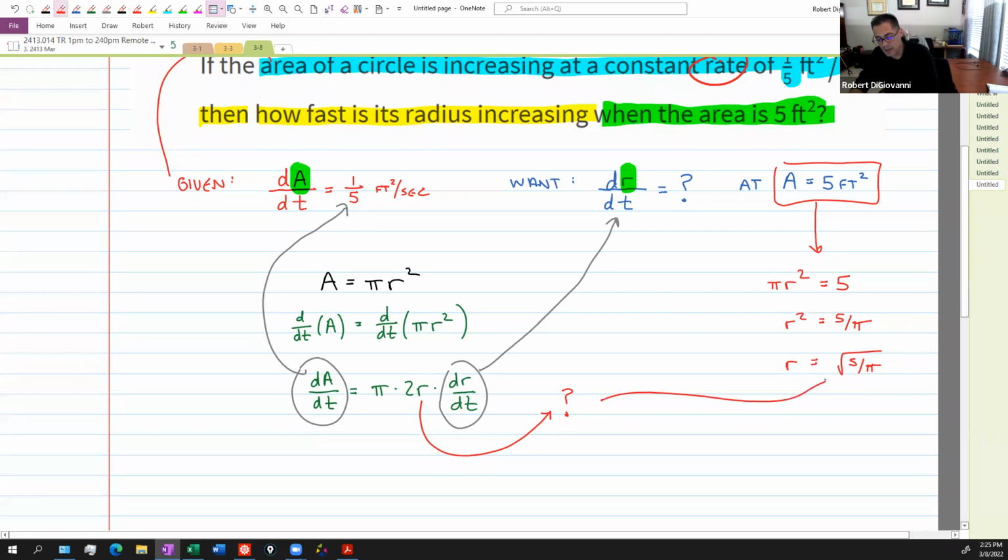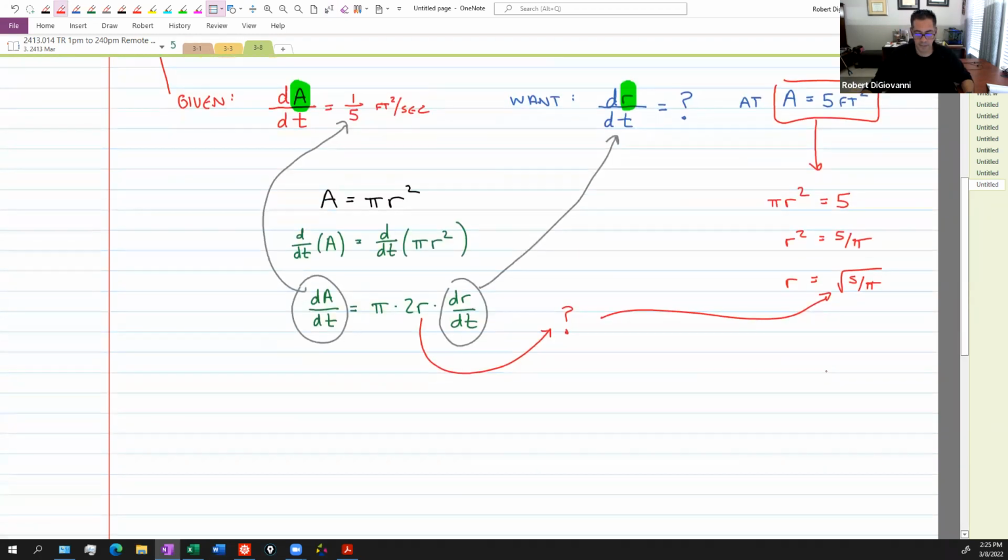So now I know what that is, don't I? So I can rewrite this equation. This becomes 1/5 equals pi times 2 times the radius, which was the square root of 5 over pi, times dr dt, which is actually what I'm trying to solve for.